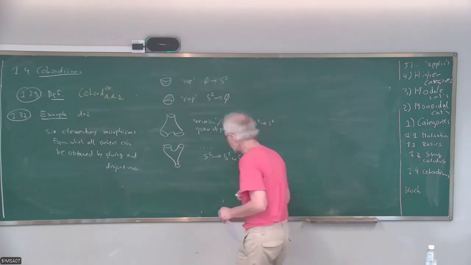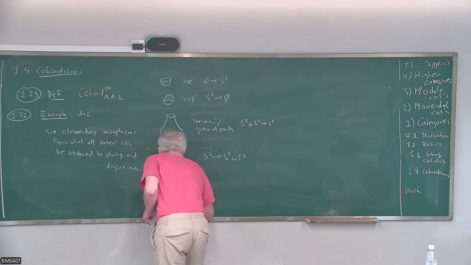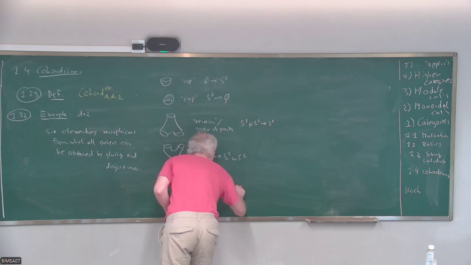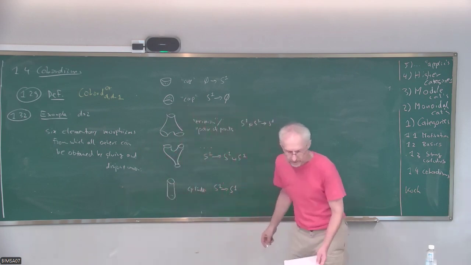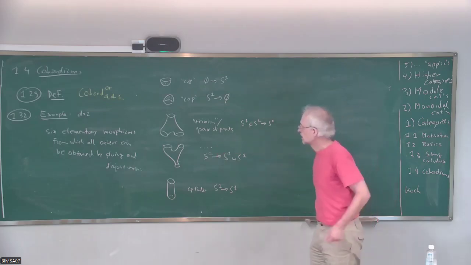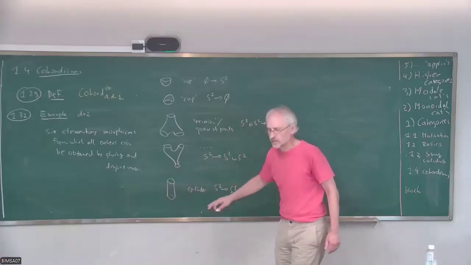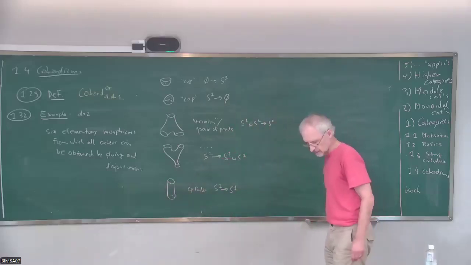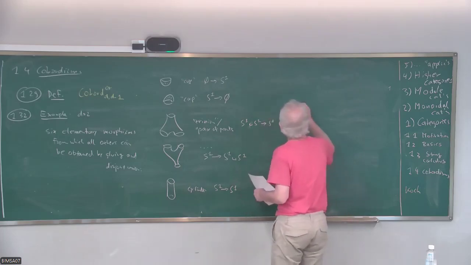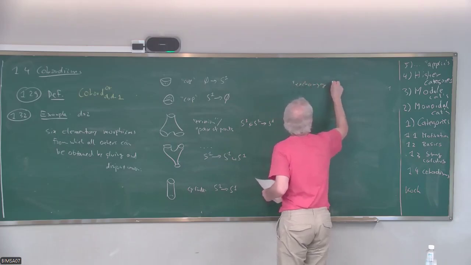And then there is a cylinder, which goes from S1 to S1. This is just the identity. And usually when one talks about generating objects, then one would not count the identity separately. But it's just nice to include it, and that's maybe the main reason why I'm drawing that.